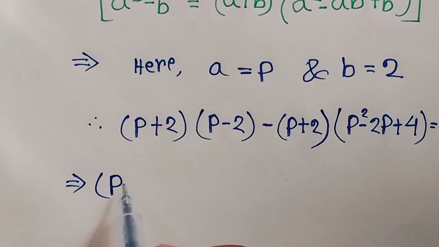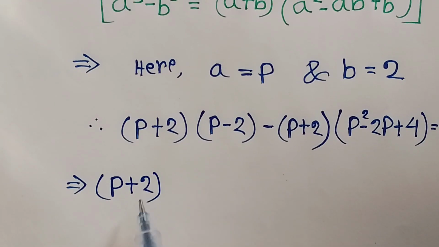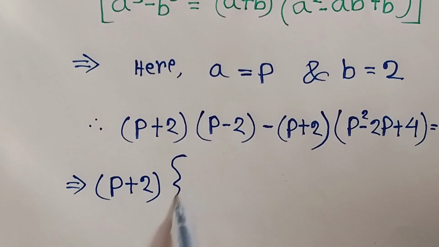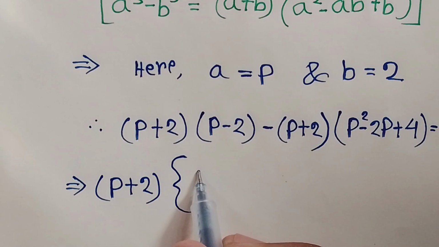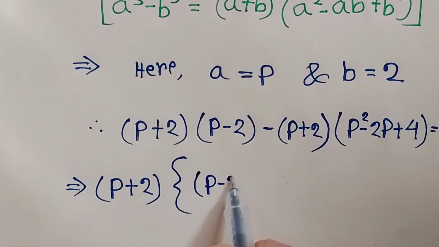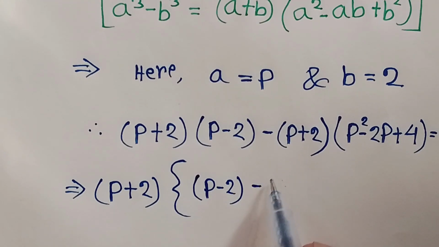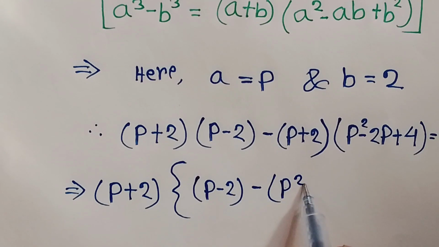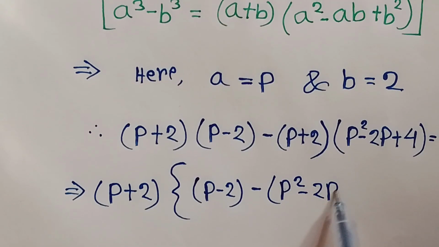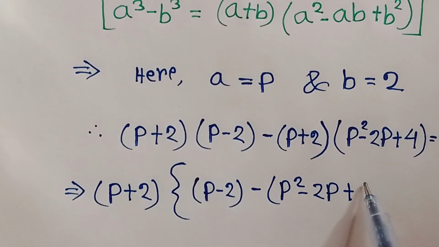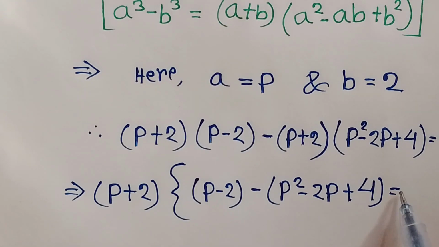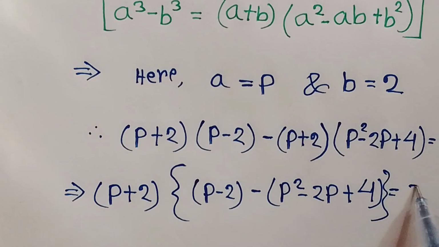So we have to take common p plus 2, then we can write second bracket, first bracket p minus 2 minus bracket p square minus 2p plus 4 equal to 0.